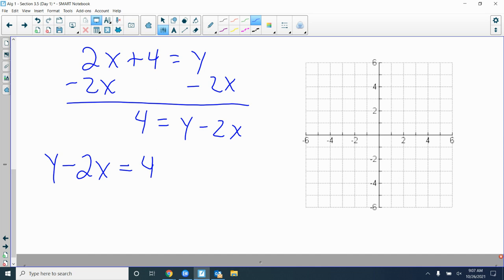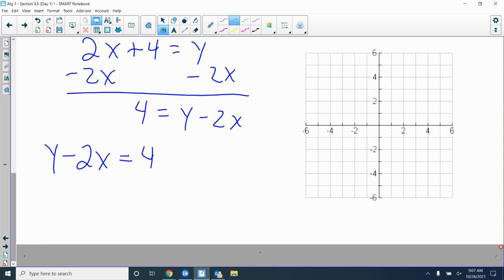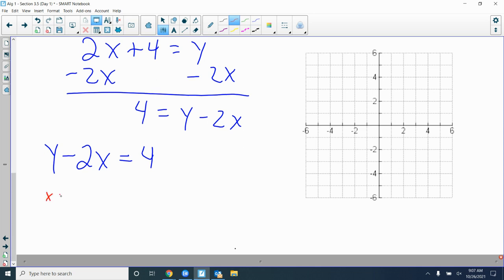So, Juan, what do you want to get first, x or y-intercept? X-intercept. So what goes in for 0, Juan? 0 goes in for y. So I'm halfway done already. So 0 goes in for y. So what do I do, Juan?